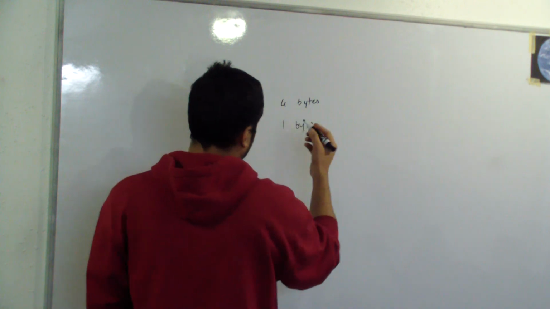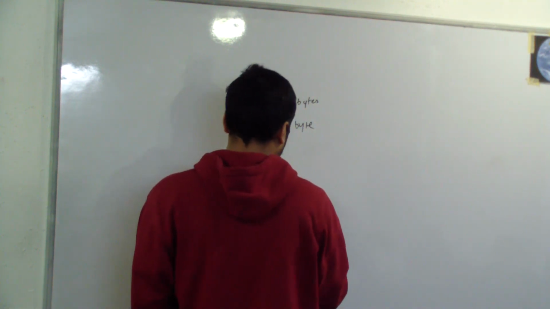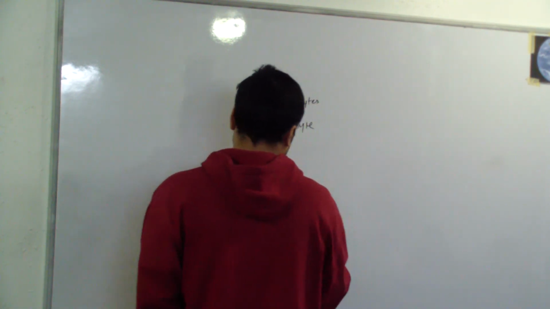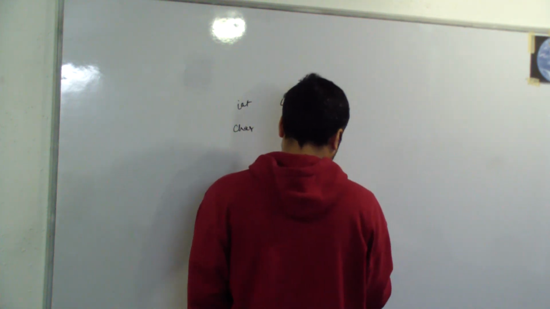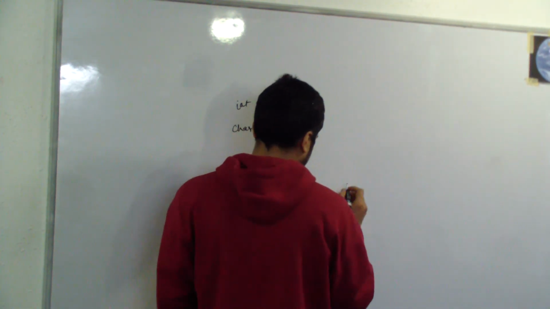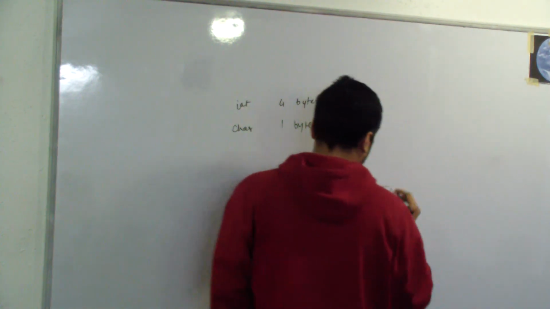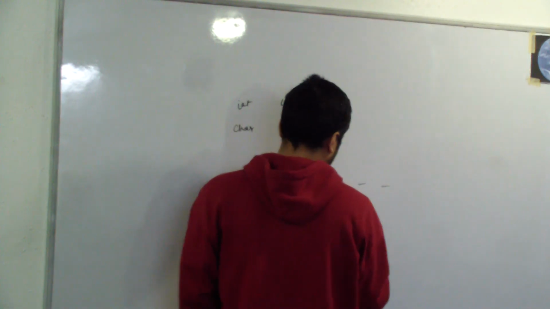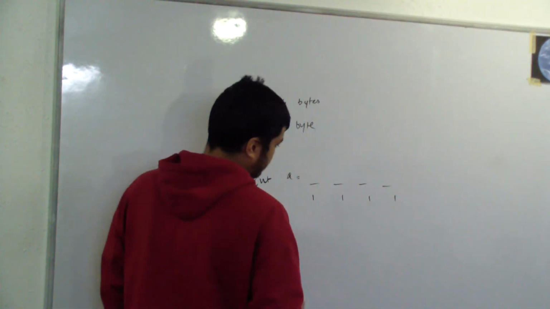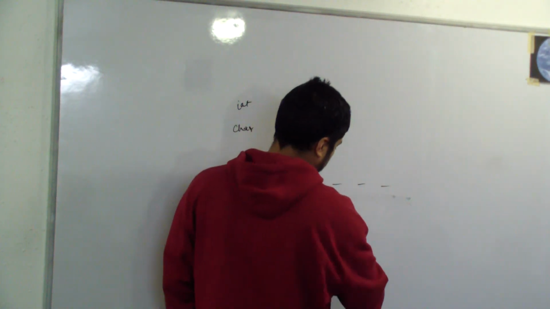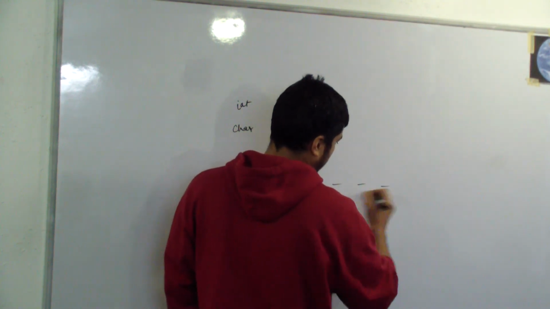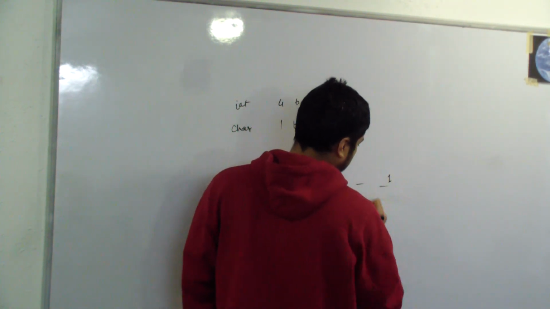So let's say you have an integer a. So 4 bytes would be, in C++, let's say each is 1 byte. Now, if I were to set this to 1, if it is little endian, it will become like this.